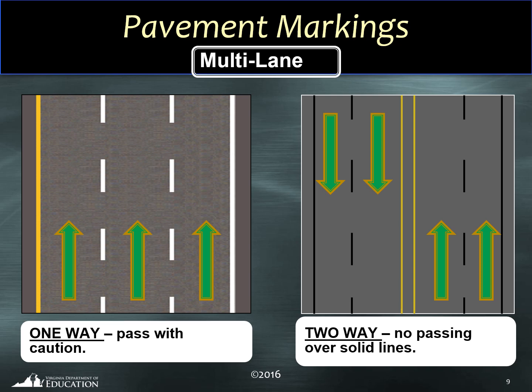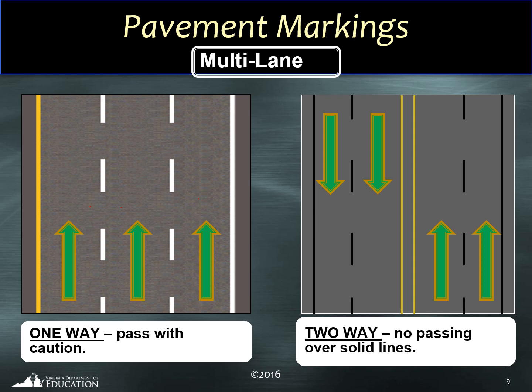Okay, so again, with pavement markings and lanes, they can do one of the different things. Like in this picture on the left, you have 3 lanes of traffic, all going in the same direction. You can change lanes between them as long as it's safe.